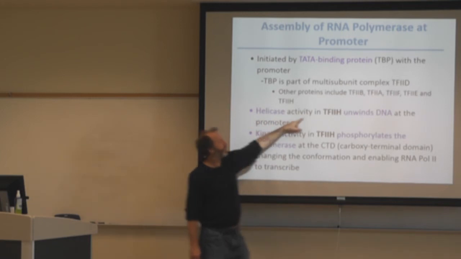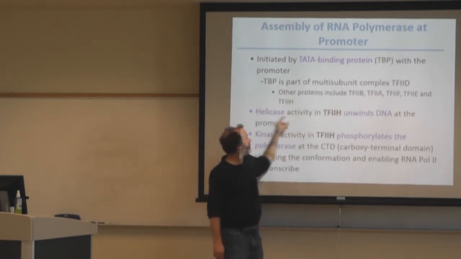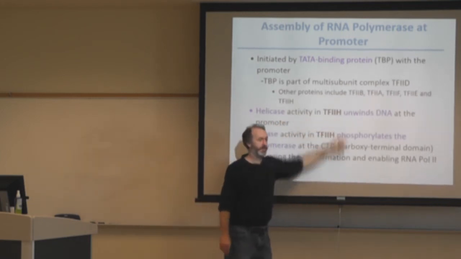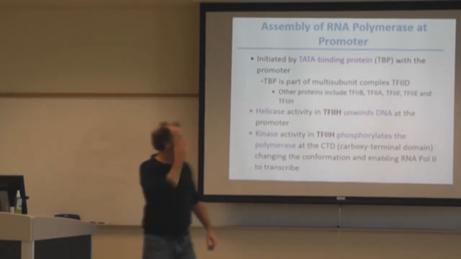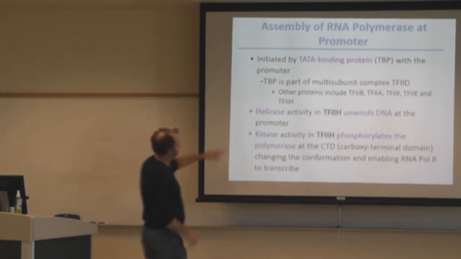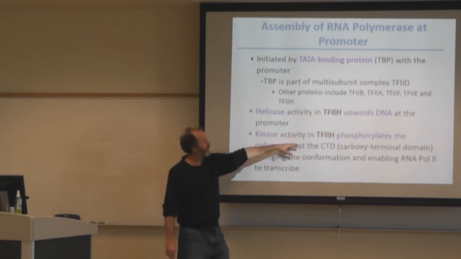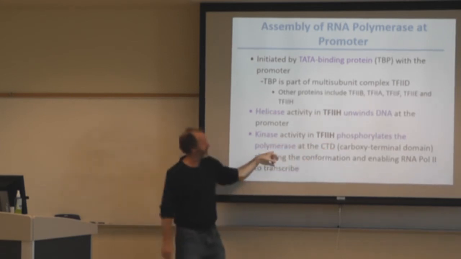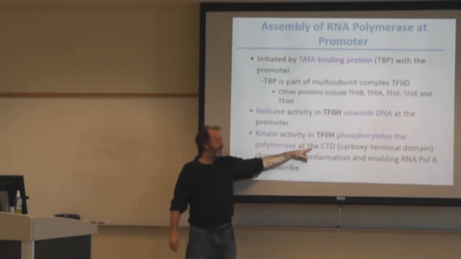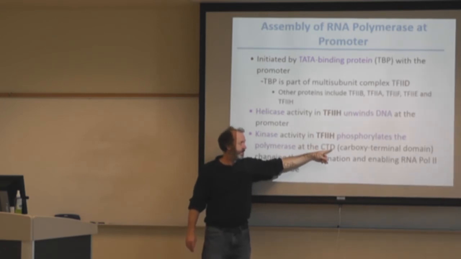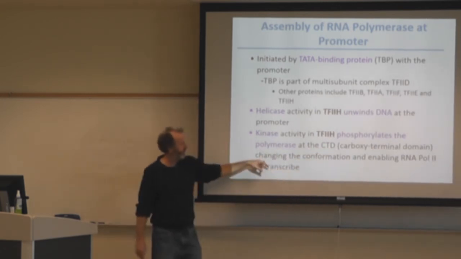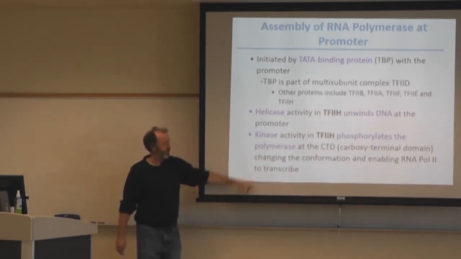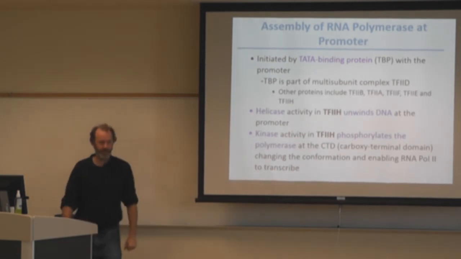The helicase activity is within the 2H, so that helps you remember that. Helicase 2H unwinds the DNA at the promoter, and then the kinase activity of 2H phosphorylates the polymerase at the C-terminal domain, or the carboxy-terminal domain, changing the conformation and enabling RNA polymerase to transcribe.